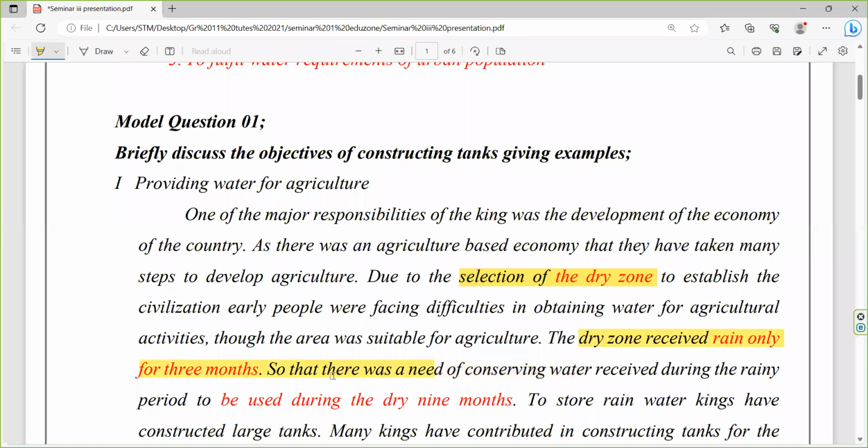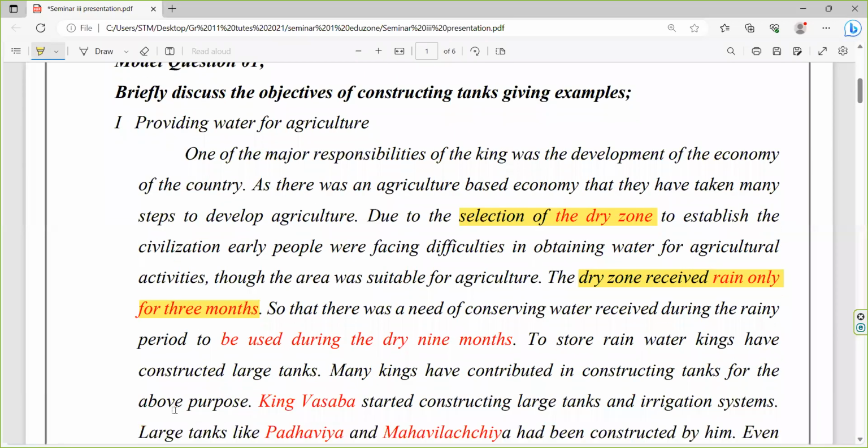That you have mentioned. So that's why we constructed tanks. The dry zone received rain only for 3 months, so there was a need to conserve water received during the rainy period to be used during the dry 9 months. To store rainwater, kings constructed large tanks. Now you have to give examples of which kings constructed tanks.